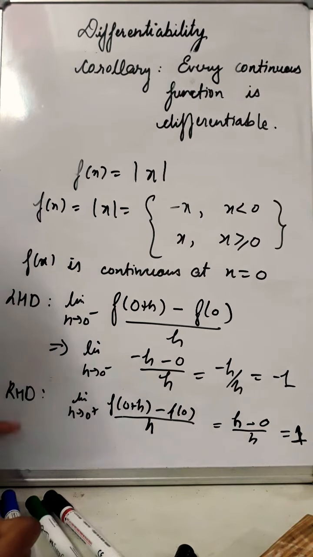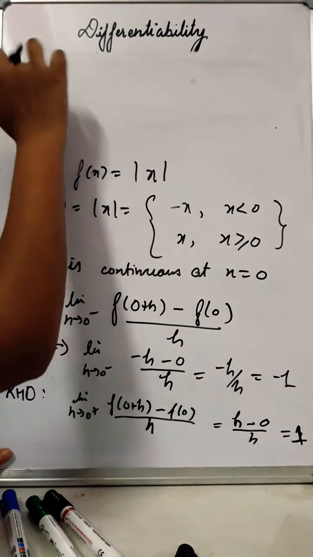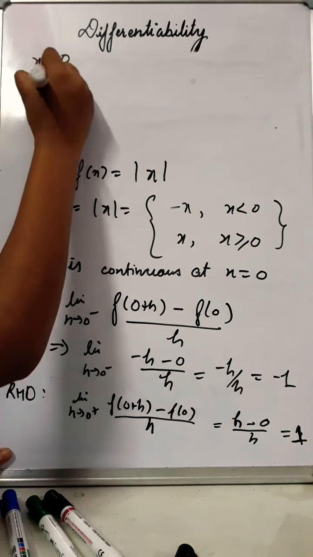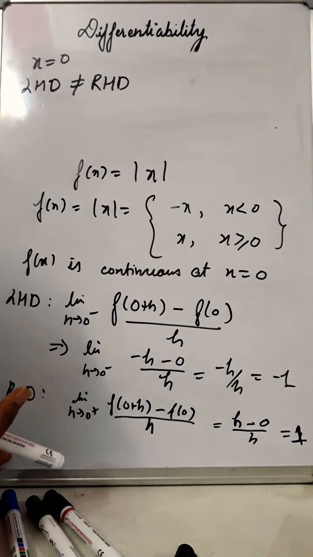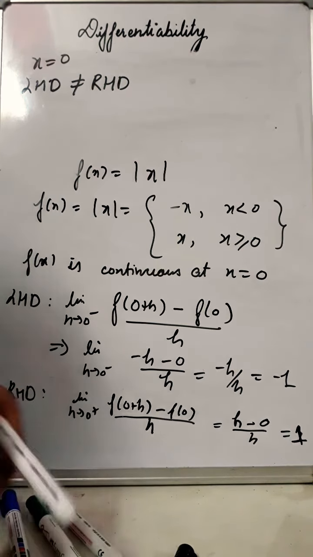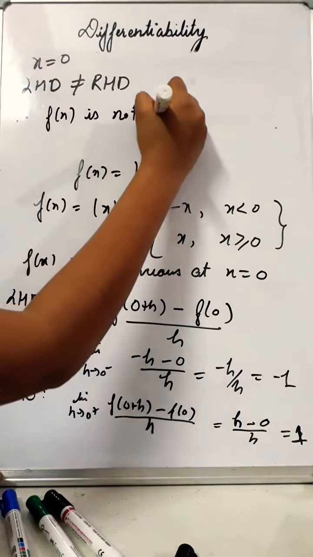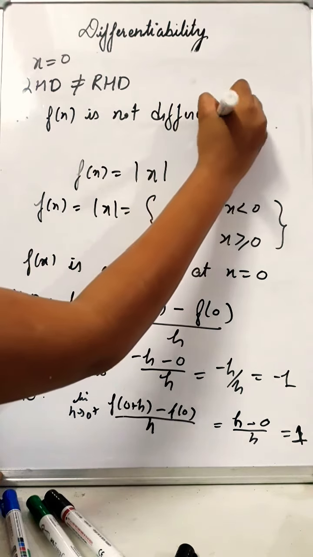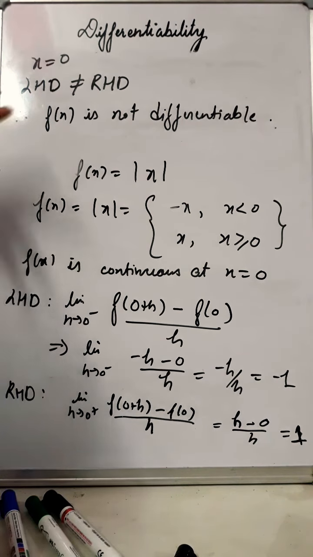Therefore the left hand derivative and right hand derivative are not equal to each other, hence the function is not differentiable at 0. At the point x equal to 0 that we were checking, the left hand derivative is not equal to the right hand derivative, so the function is not differentiable at 0.